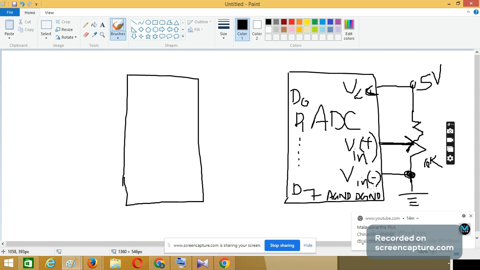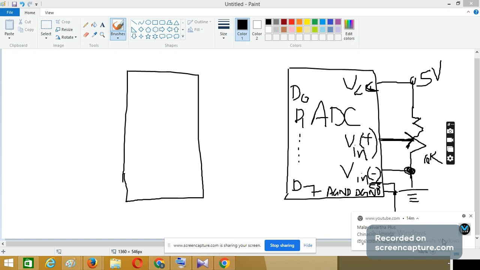Now there will be some chip select signal. In all chips there is a chip select signal. Here it is CS bar, which requires a low to get this chip activated. So we will permanently connect it to ground, D ground also. So this is grounded.